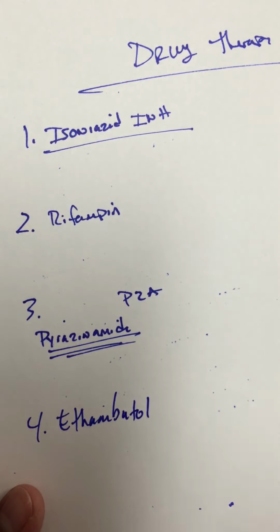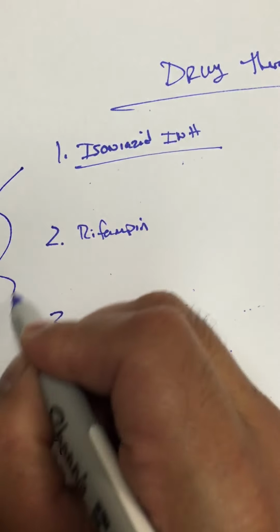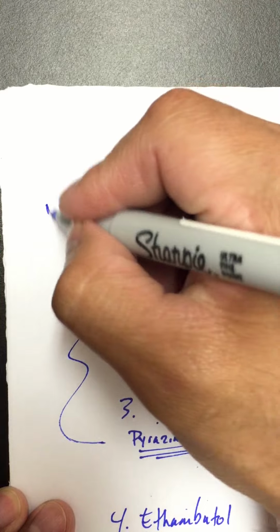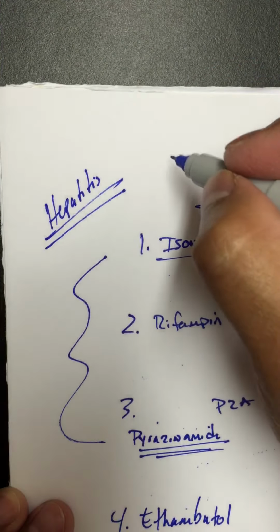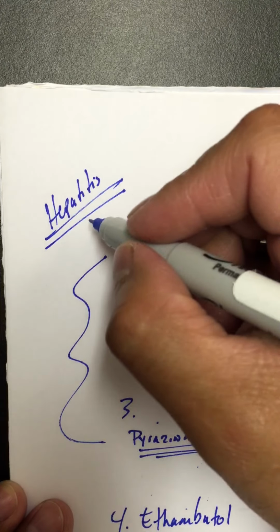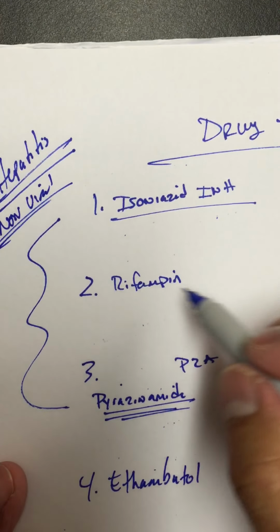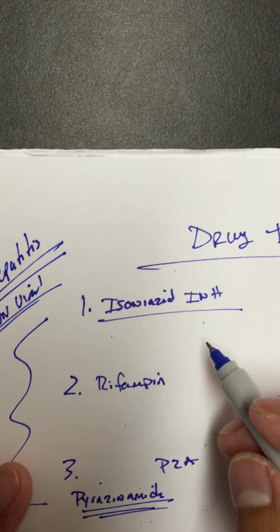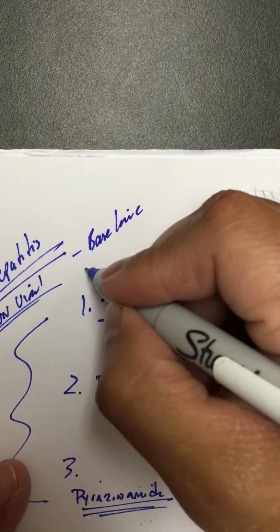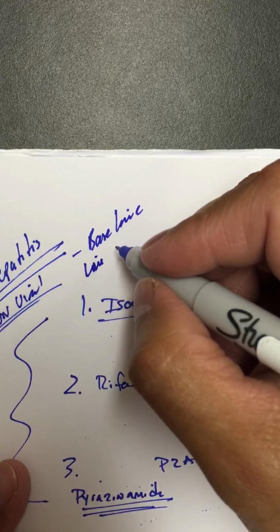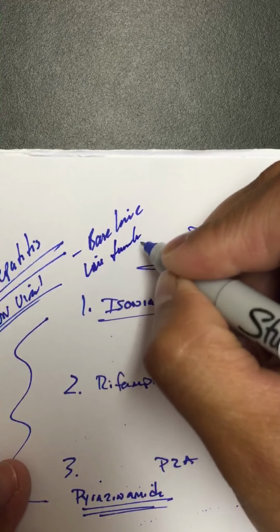Now there are specific things that you must remember with each of these. All of these cause hepatitis. Now hepatitis again just means inflammation of the liver. Okay, so this is non-viral hepatitis. These medications are very, very hard on the liver. So you must get a baseline liver function test.